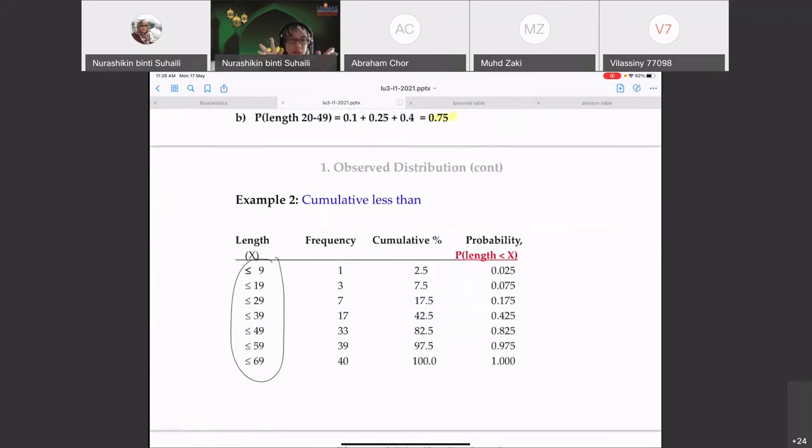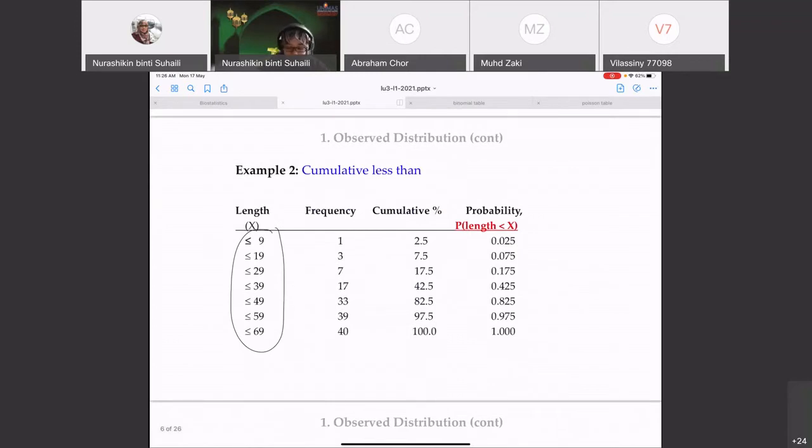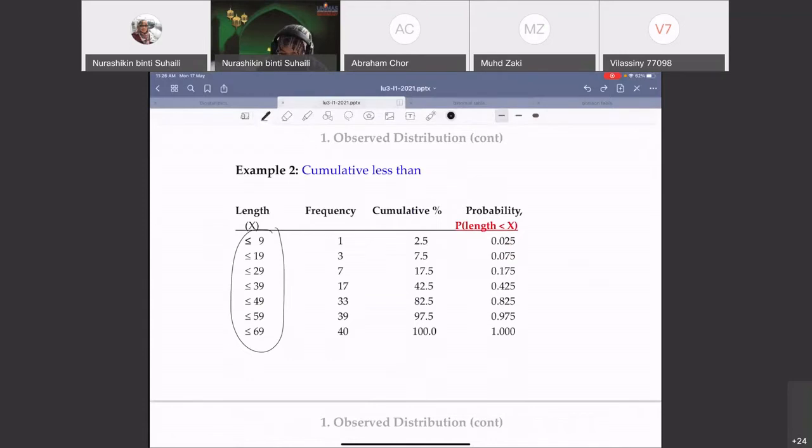It doesn't have the range anymore. What is presented here are the values of less than or equal to 9, less than or equal to 19, less than or equal to 29, until 69. And how does it affect the probability?